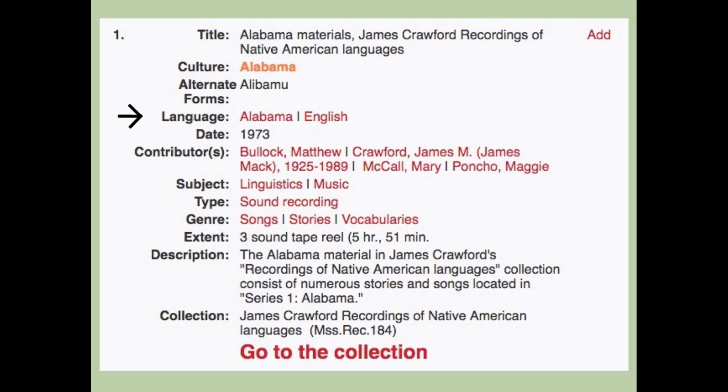We also have information on what language the material is in, not just what it's about, and the dates, the range of years that the material was created. We have a field called contributors. This is anyone who was involved in some fashion in the creation of the materials described.